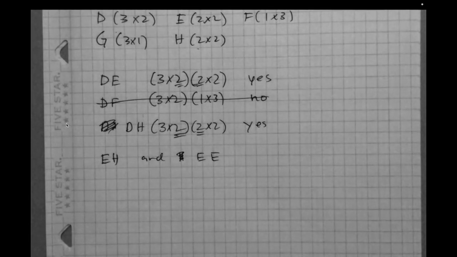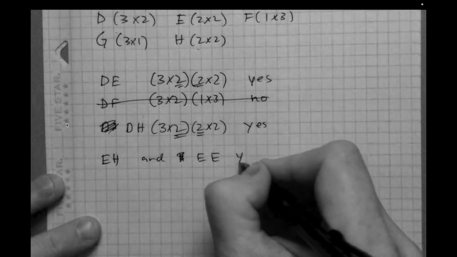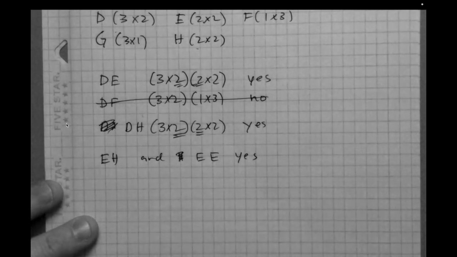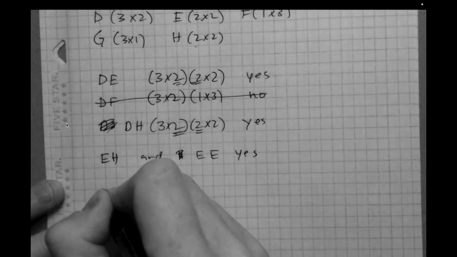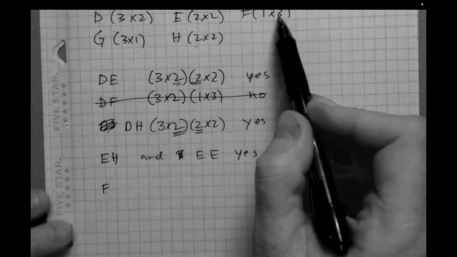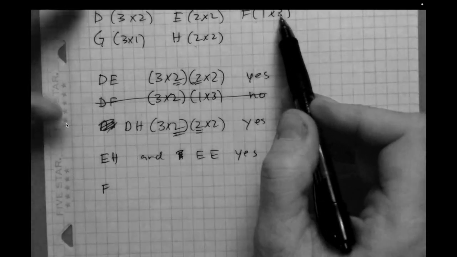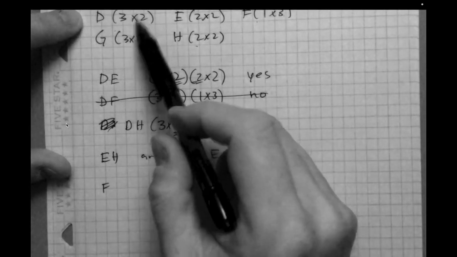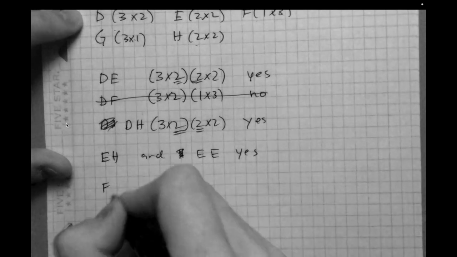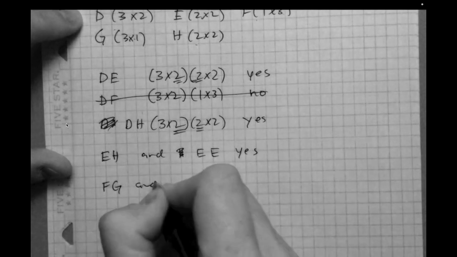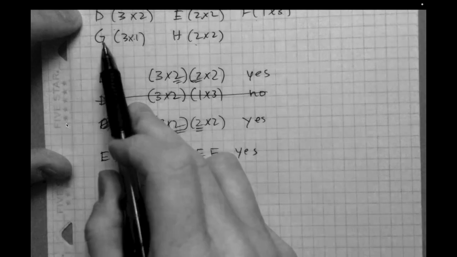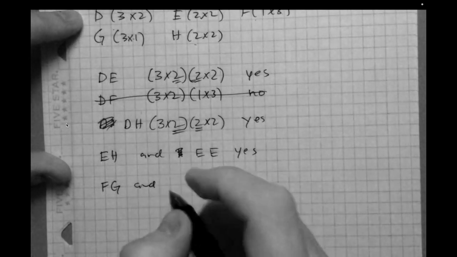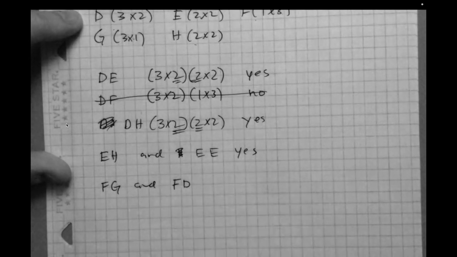It could also be multiplied with H. What about F? F is a 1 by 3. So are there any matrices that have 3 rows? Yep, G and D do as well. So F and G and F and D. Those both work.